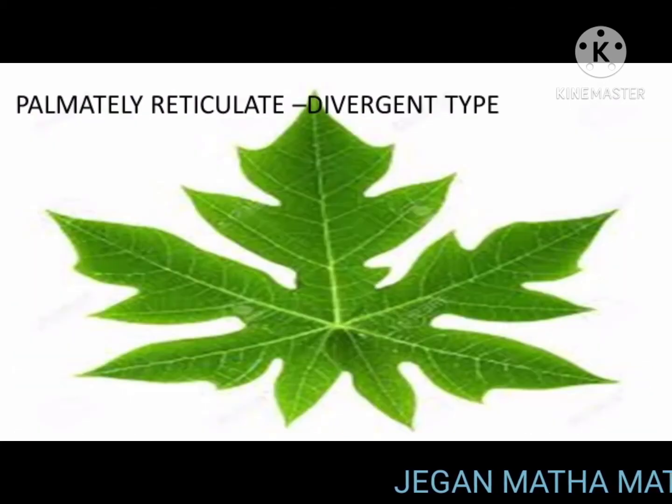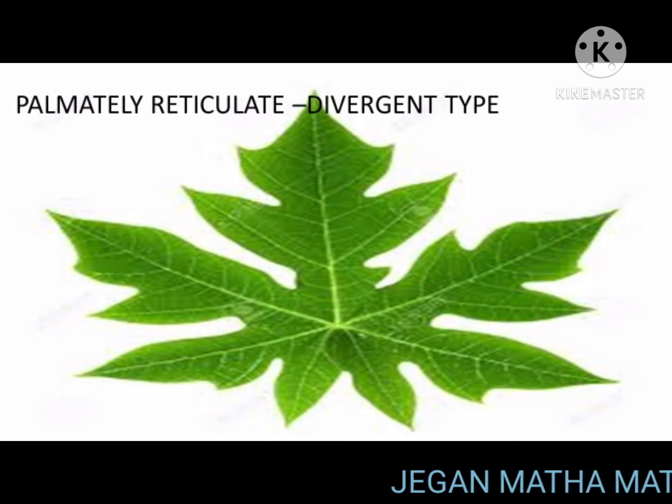Palmately reticulate venation. It is otherwise called multicostate. In this type of venation, there are two or more principal veins arising from a single point, and they proceed outwards or upwards.